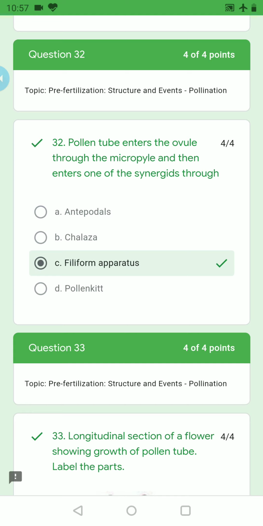While we were discussing the pollen-pistil interaction, I told you where the filiform apparatus is associated: towards the synergids and the micropylar end. So the pollen tube enters the ovule through the micropyle and then enters one of the synergids through the filiform apparatus. Got it? Which is the right option? Option C.